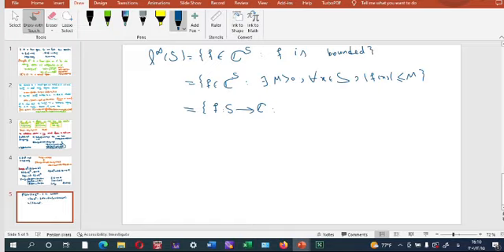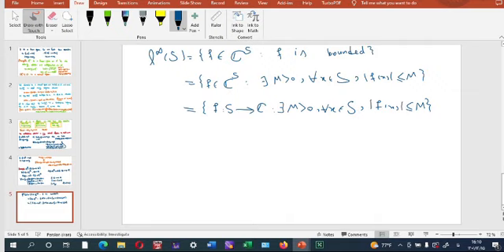We have these properties: there exists M such that for each x in S, the absolute value of f of x is less than or equal to M. This is L infinity.